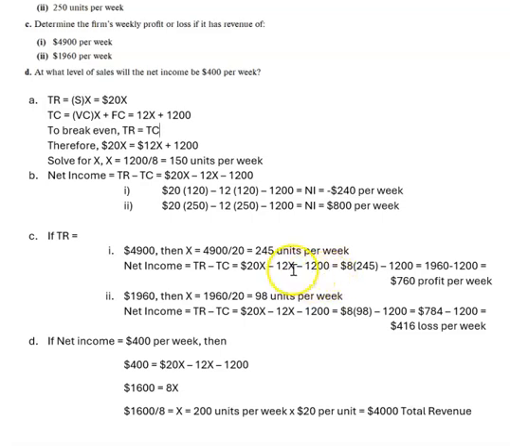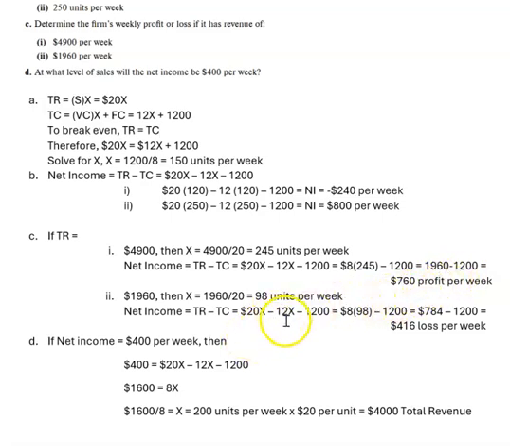We can actually combine these two: 20x minus 12x, so we can simplify it and just make that 8x. So 8 multiplied by the number of units, which is your 245, subtract off the 1200, that's 1960 minus 1200, which gives you 760 profit per week.